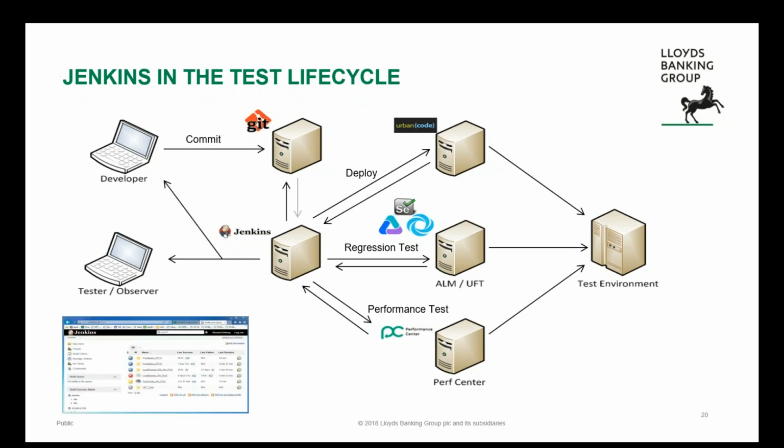And then Jenkins takes those test results, puts them in the Jenkins dashboard, so both the developer who made the commit that started the whole process off, as well as the tester who writes and maintains the scripts and looks at performance over time, both of those have visibility of how things have run.